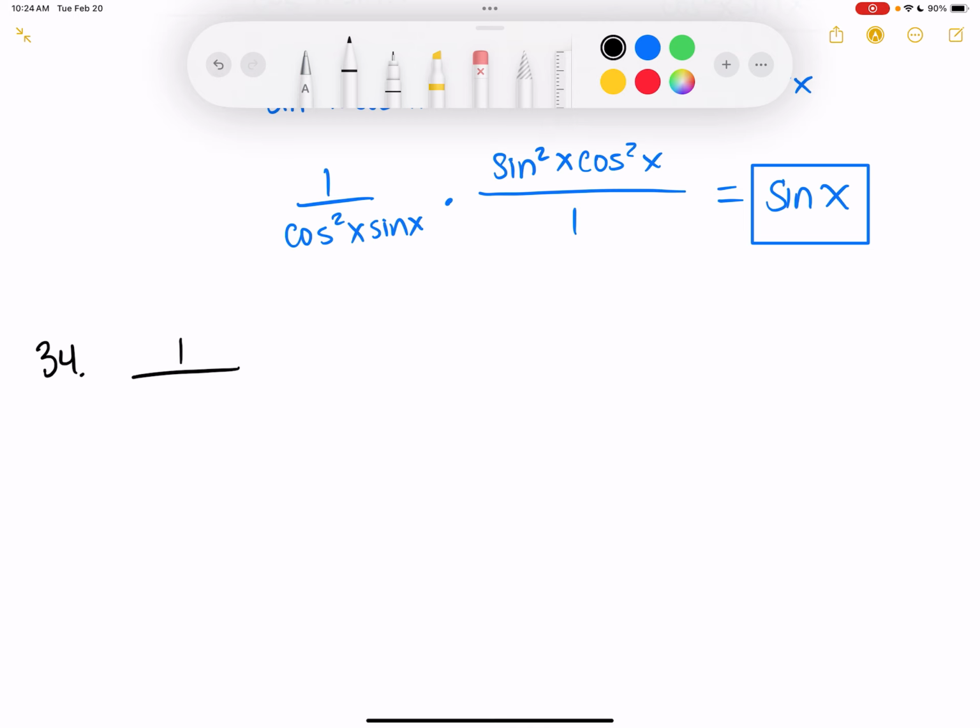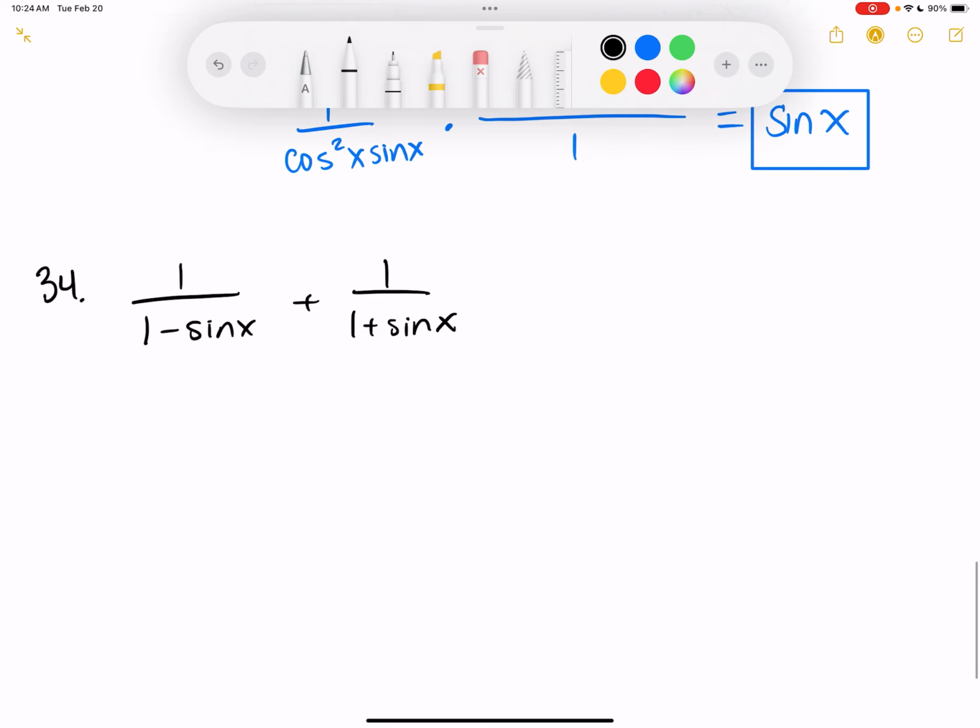1 over 1 minus sine of x plus 1 over 1 plus sine of x. How would I have to go about solving this?